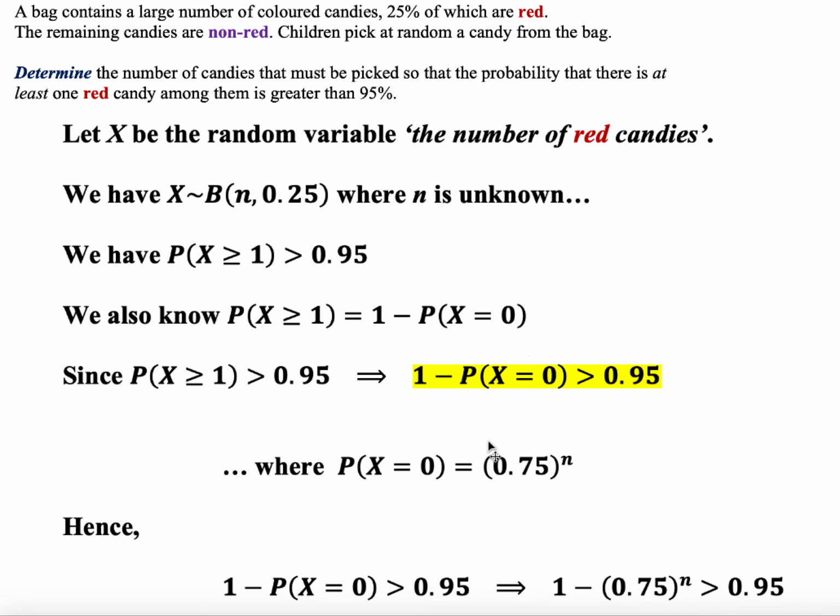So this falls into the system as just 0.75^n, and so the basis for the construction, which is this yellow equation going all the way back to what it is we're trying to resolve, is just 1 minus 0.75 raised to some unknown n has to be greater than 0.95. So that's where we are in terms of proceeding.